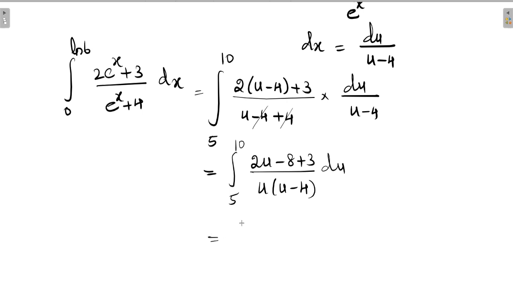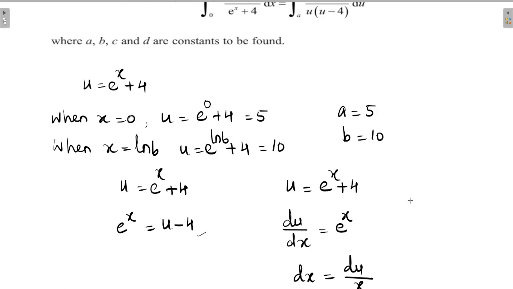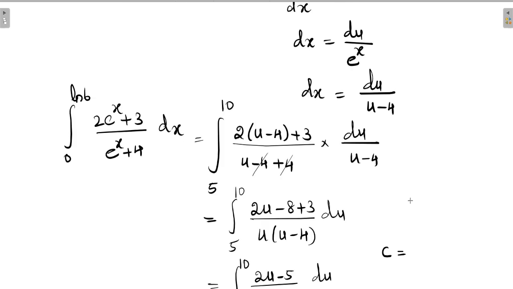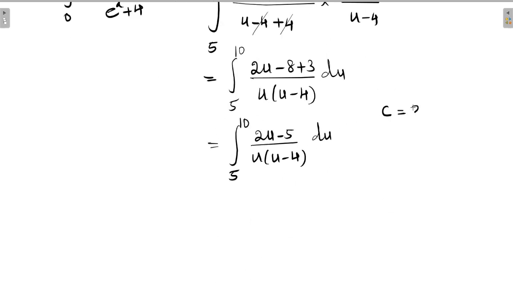So which is equal to integral 5 to 10, 2u minus 5 by u into u minus 4 du. Here a and b are the limits. C equal to, what is C value? C value is 2 and D value is minus 5. This is the first part of the answer.